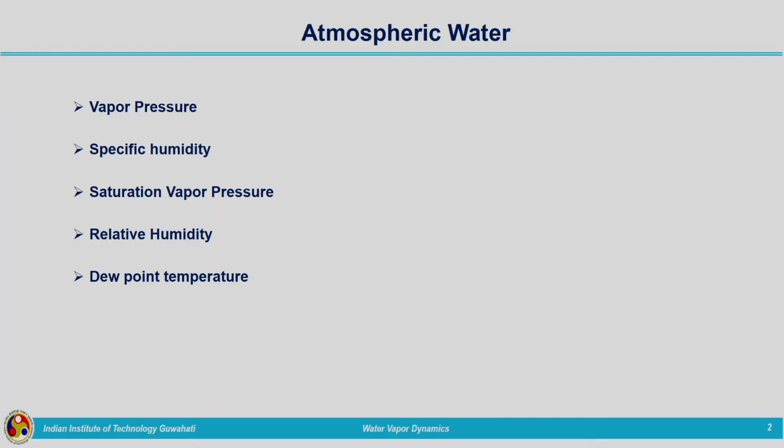Now, let us move on to water vapor dynamics. The terminologies coming under it are vapor pressure, specific humidity, saturation vapor pressure, relative humidity, and dew point temperature. We will refresh all these terminologies one by one.